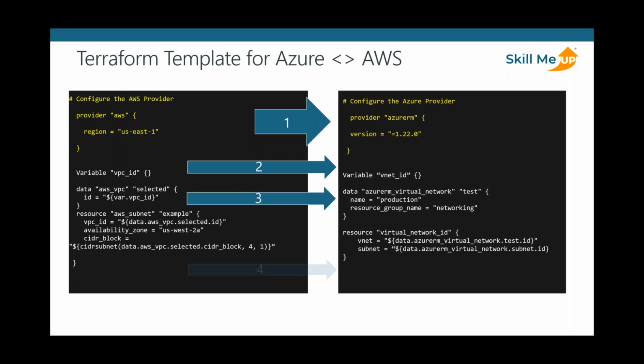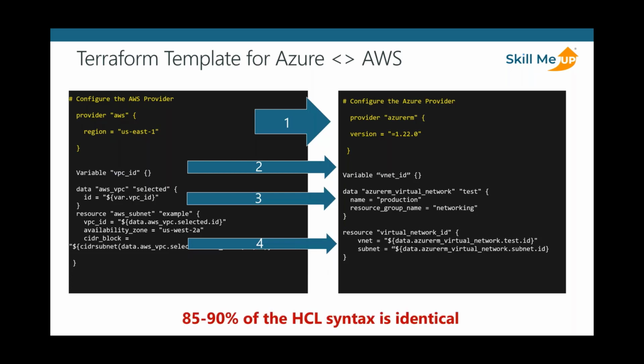And depending a bit on what you're actually trying to migrate or deploy, I've seen some situations in the field where 85, sometimes even 90% of the HashiCorp language syntax is identical, no matter what cloud platform we're targeting. And it's almost, again, what I mentioned, find, replace, and obviously knowing what you're replacing and doing. But the high-level syntax, the skeleton, if you want, of the template file is the exact same thing.